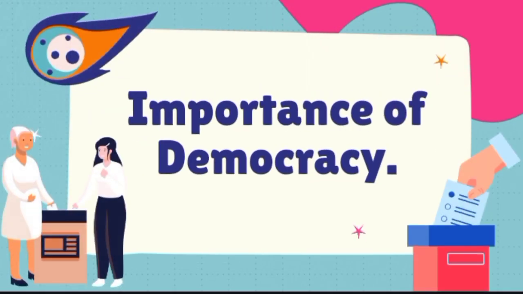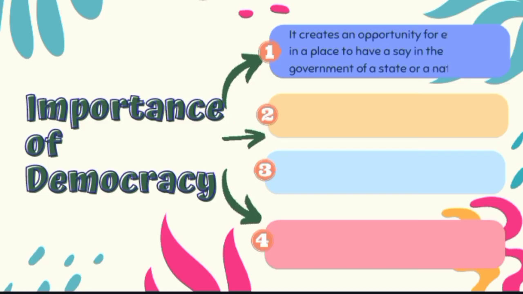Quickly, we are going to look at importance of democracy. Number one, democracy gives the electorate, that is voters, the opportunity to elect leaders of their choice. And then number two is that everybody has a right to make suggestions in democracy.